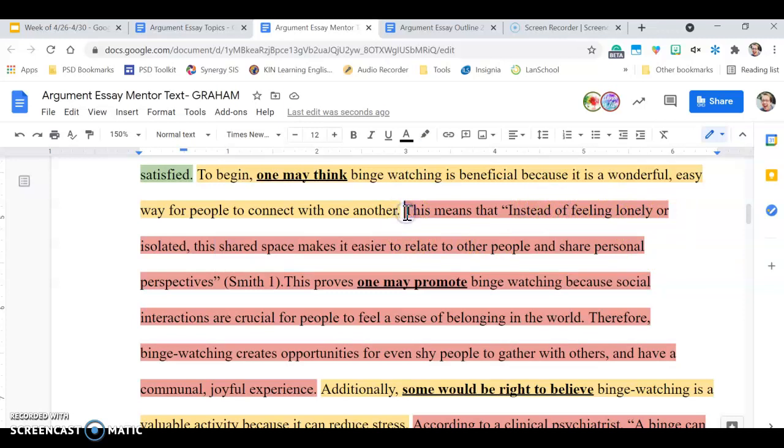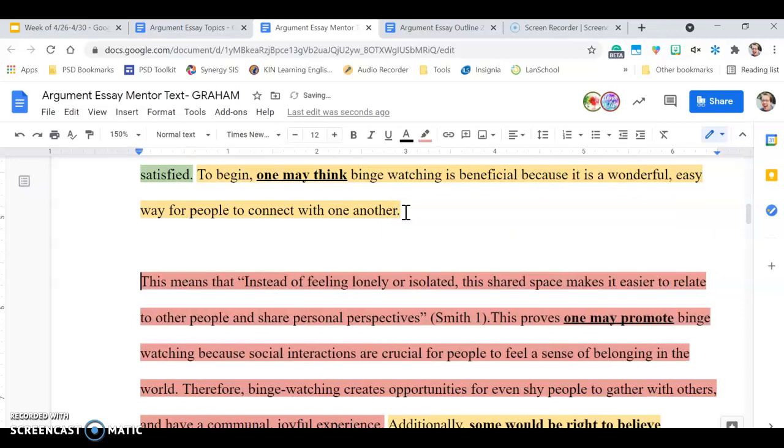So what I could do is move this down here so I can keep it there while I rewrite my evidence sentence. I could say, it's a wonderful, easy way for people to connect with one another. In fact, we'll make this red. In fact, many people may argue that, and then I can throw in some of the quote, right?